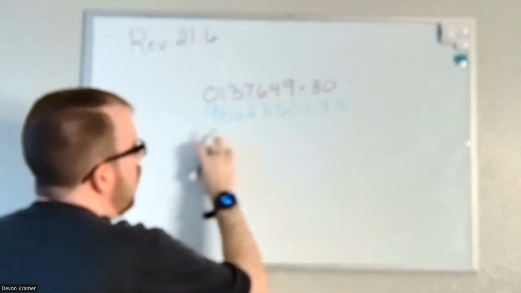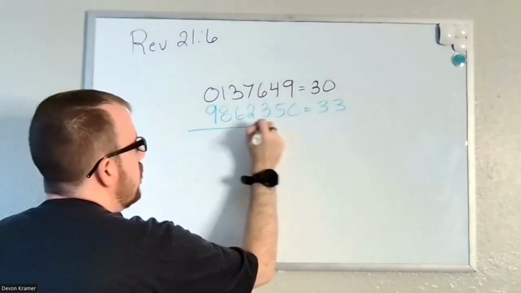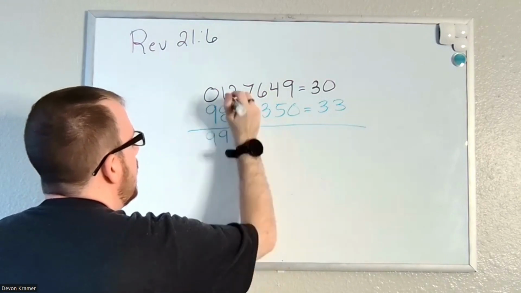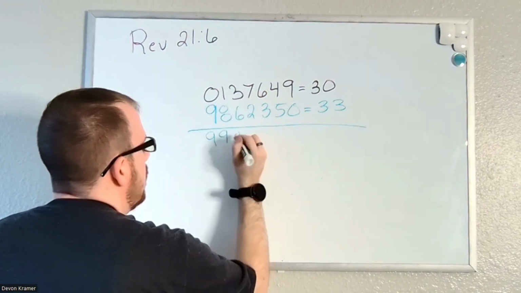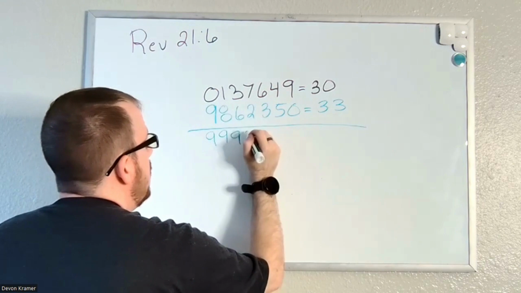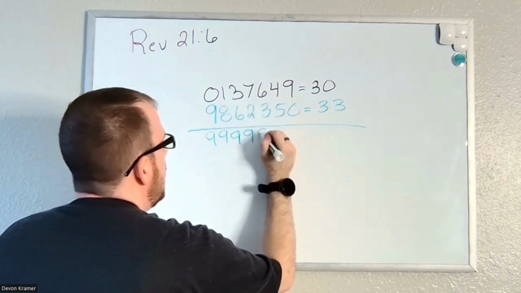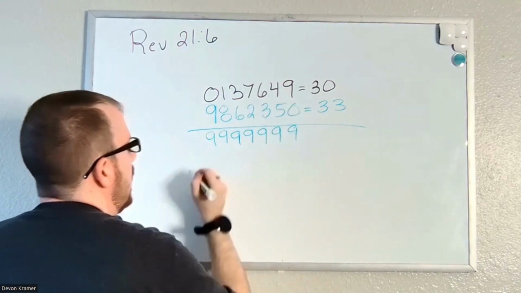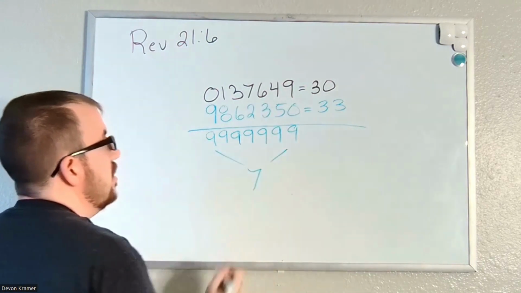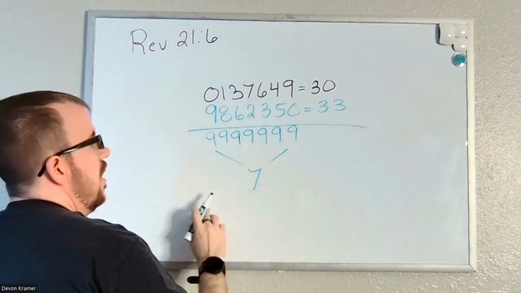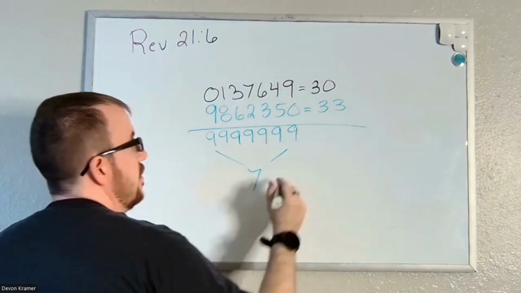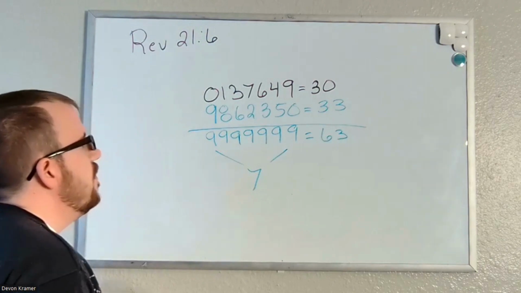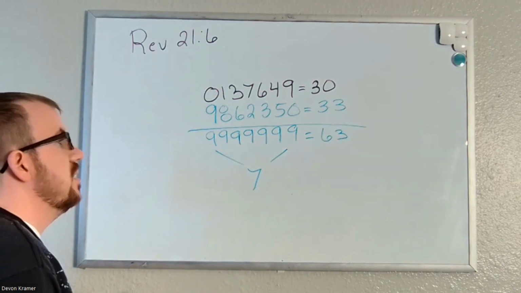Okay, now what you should be able to see already is that if we were to draw a line right here, we've got 9, 1 plus 8 is 9, 3 plus 6 is 9, 7 and 2 is 9, 6 and 3 is 9, 5 and 4 is 9, and 9 and 0 is 9, giving you a total of 7 nines, which is very, very important when it comes to the metaphysical side of this. You also end up with a total of 63, another very, very important part when it comes to vortex math.